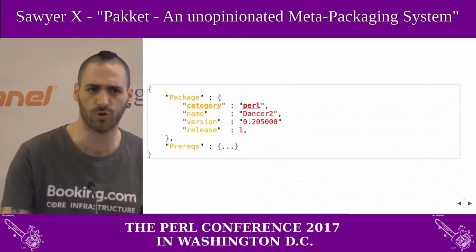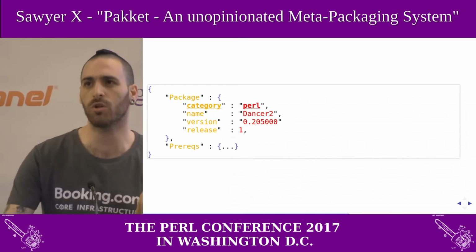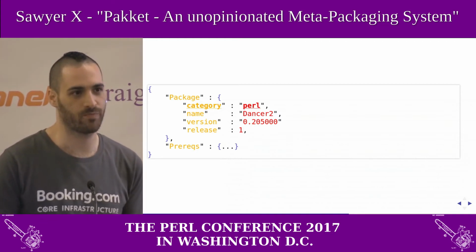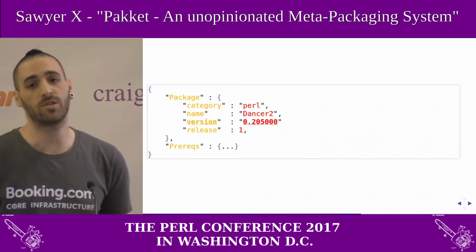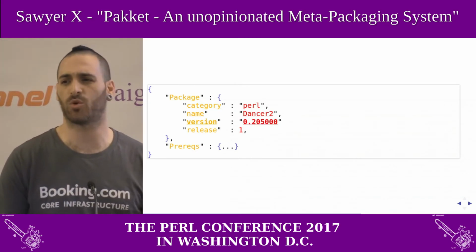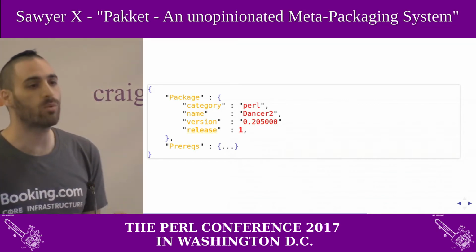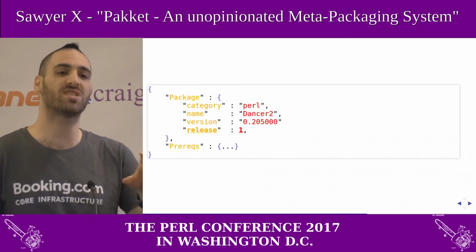Have you ever seen Git versions? They are not simple. There is a module on CPAN for comparing Git versions because it is that complicated. But for Pakket, it just says the version could be anything. I'm just going to ask the category. It will know, although it does have defaults. And you have a release, and the release is meant to help you maintain your own subversion.